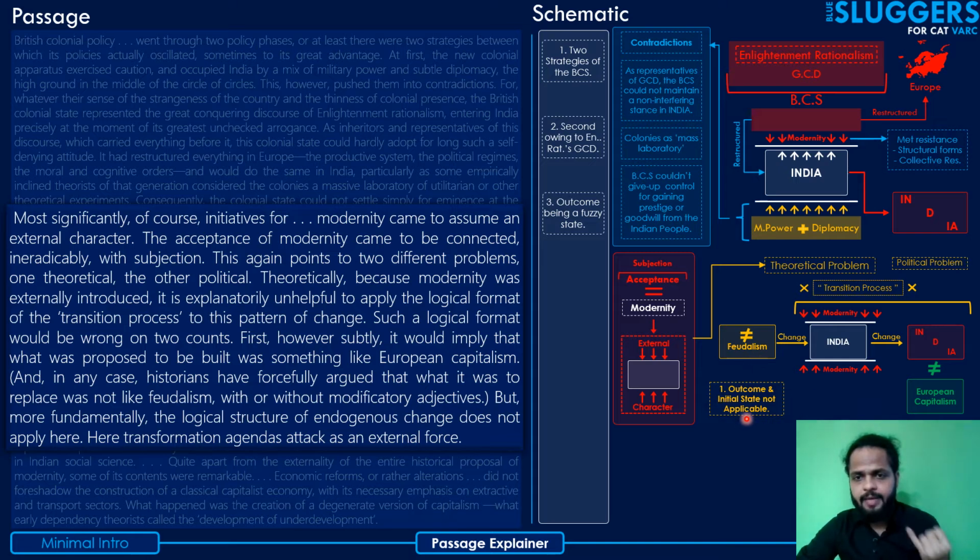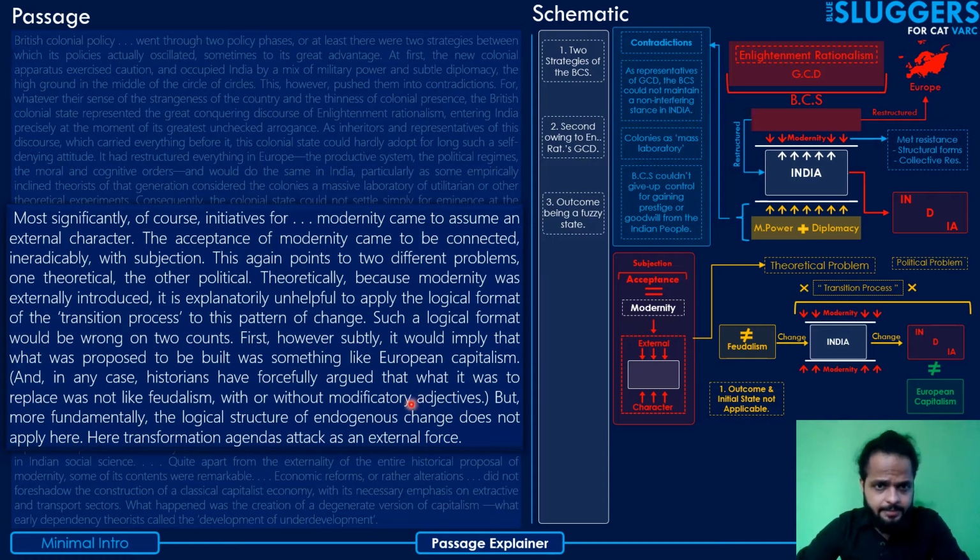So the outcome as well as the initial state are not applicable here. If you apply the logical format here, it will imply that the initial state was feudalism and the proposed state was European capitalism. Neither of these ideas is true, and hence this is the first point why the logical format is not applicable here. That's what he means to say.